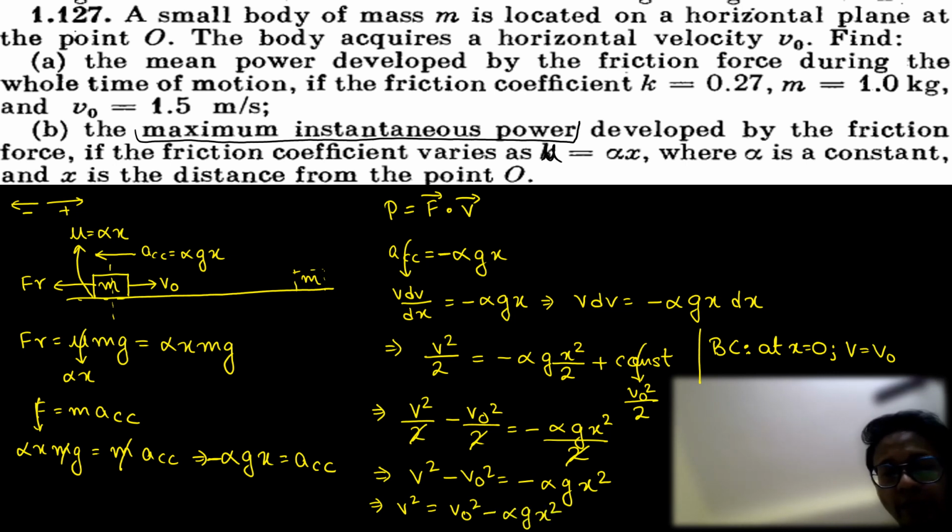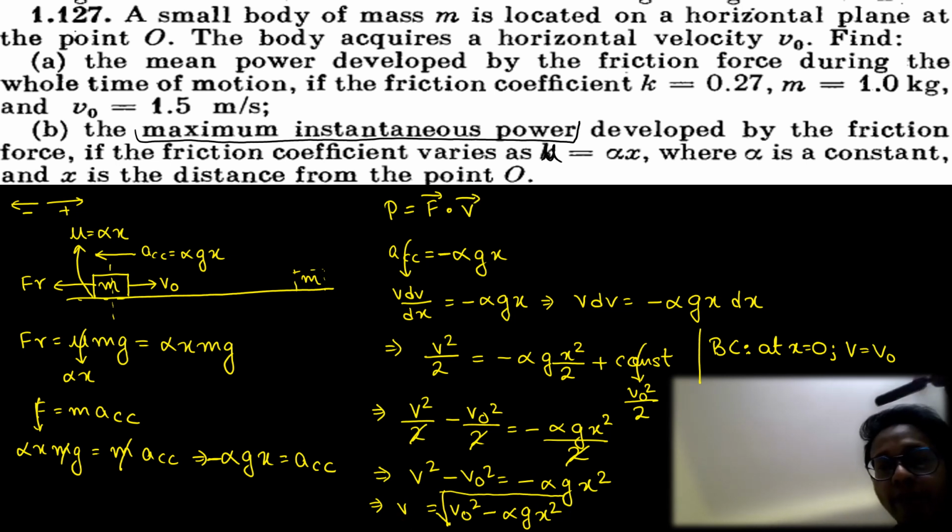If I take the square root, I'll get v is equal to under root of v naught square minus alpha g x square. So the velocity is obtained as a function of space or distance.